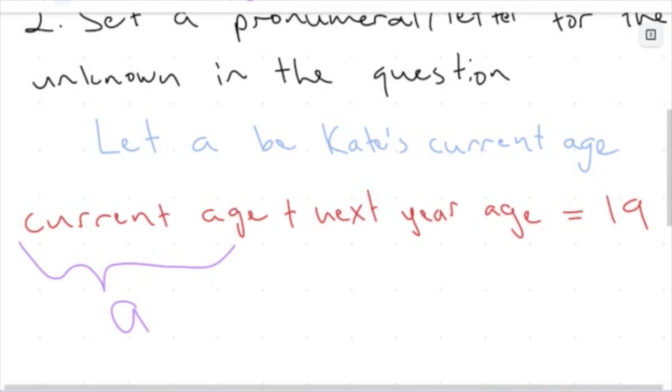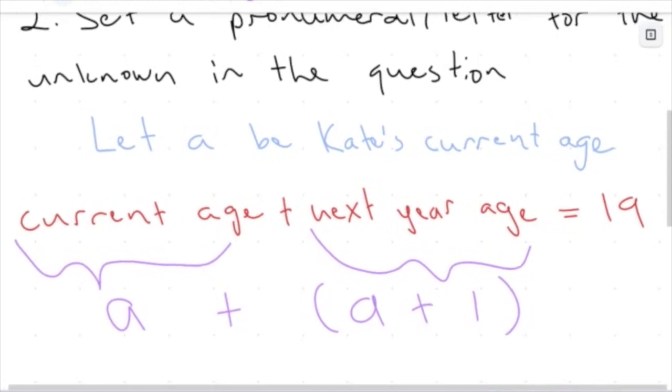So what's her age next year going to be? Well, a year has passed, so your age has gone up by 1. So her age next year, we can write, well, we're adding her current age to her age plus 1 year. Now, this is a pretty important idea that I'm hoping we can pull out from this.